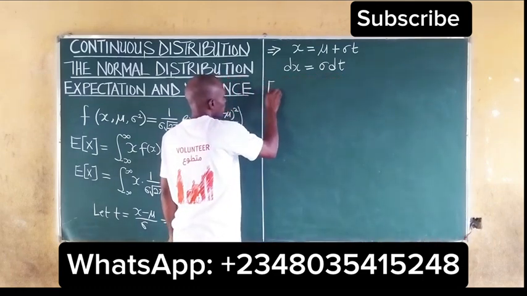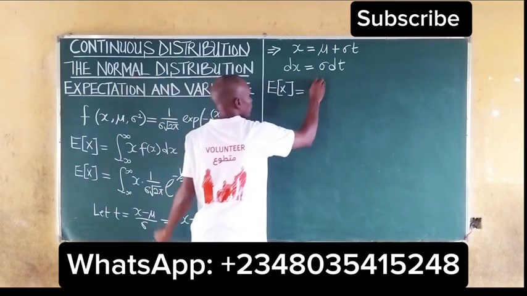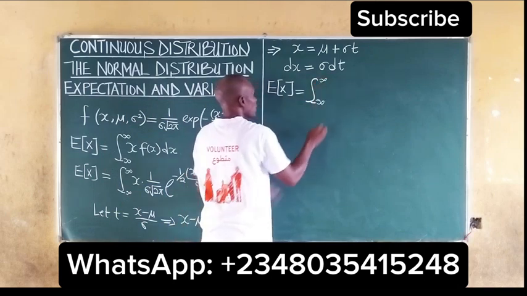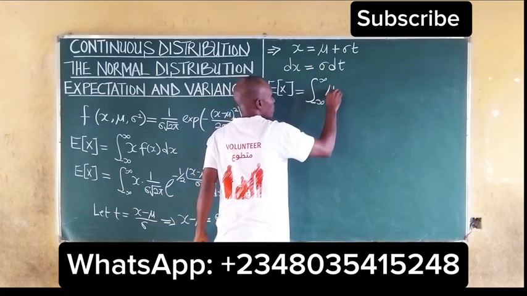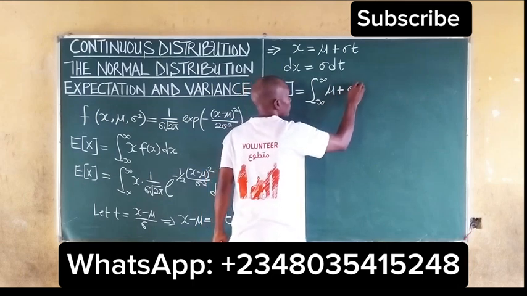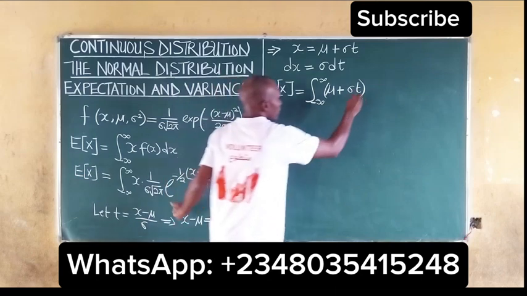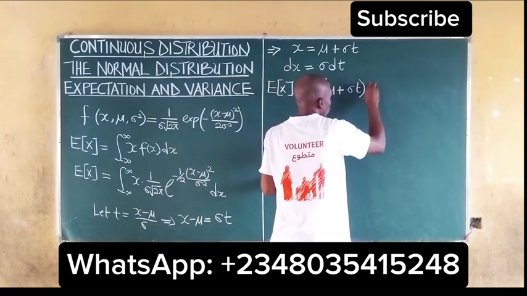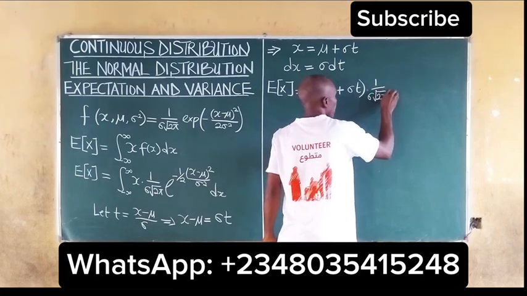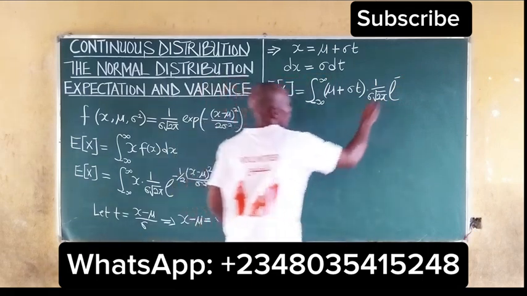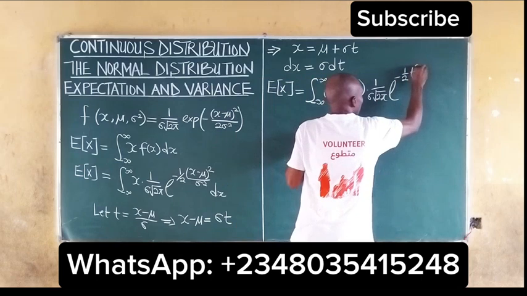It then means that our expected value of x will be equal to the integral from negative infinity to infinity, with our x, which is mu plus sigma t, multiplied by 1 all over sigma square root of 2 pi, exponential negative 1 all over 2, then we have the whole of this as t squared.